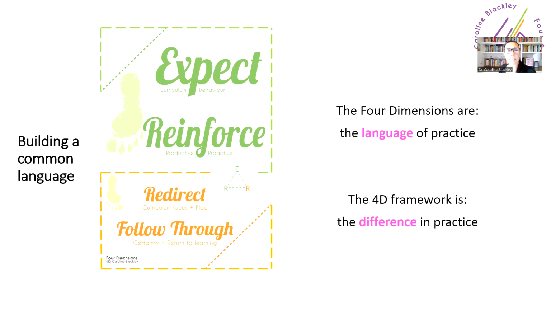If my husband pleases me and our relationship is pleasant, I'm going to reinforce that behaviour, dimension 2. If my husband is not pleasing me, I'm going to redirect his behaviour. And I can choose to do that in a way that retains the flow in our relationship or interrupts and possibly damages it. Then the final dimension 4, if my husband really is not pleasing me, he's sleeping on the couch for the night because I have followed through.